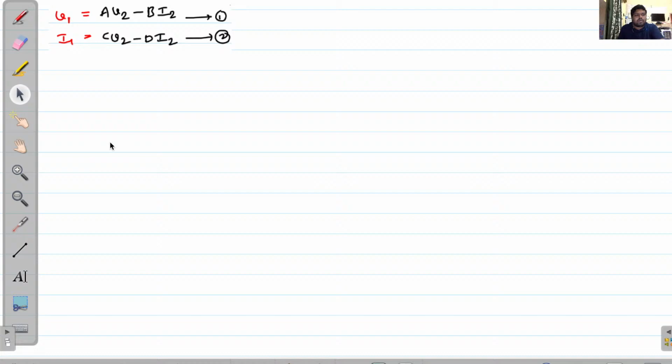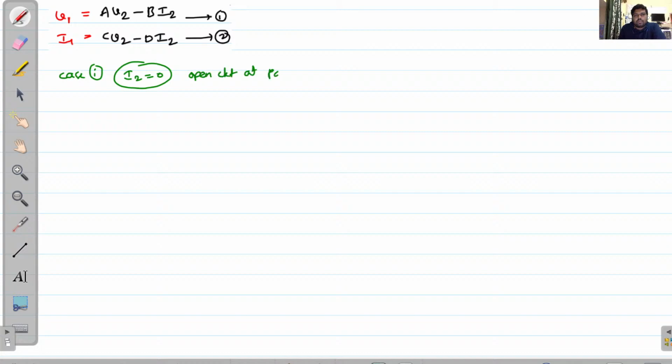Okay, so now we have two cases. First, case one: in order to find this A value, you can make I2 as 0, right? So if I am taking I2 equals 0, that means port 2 acts as an open circuit.